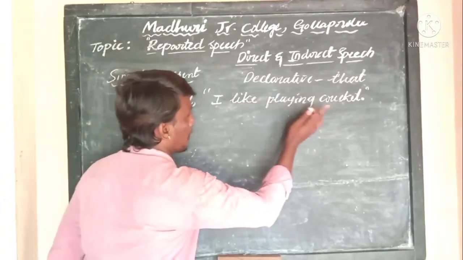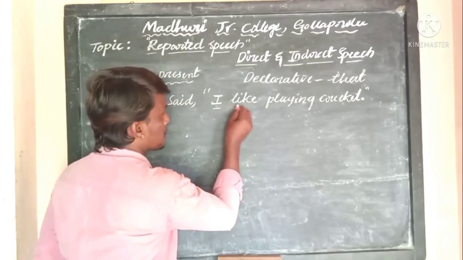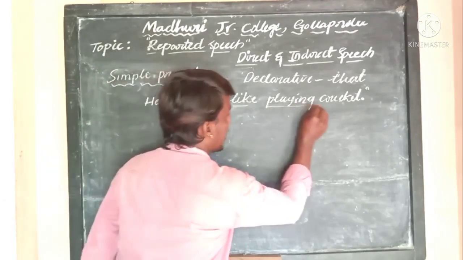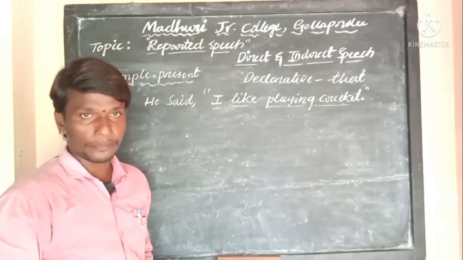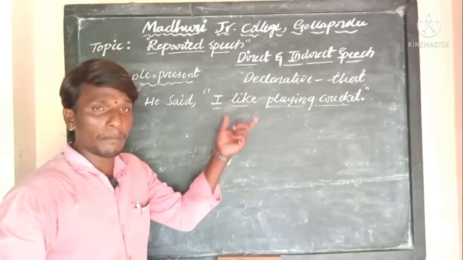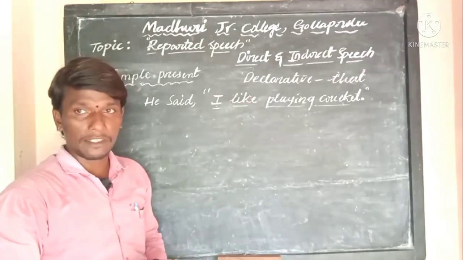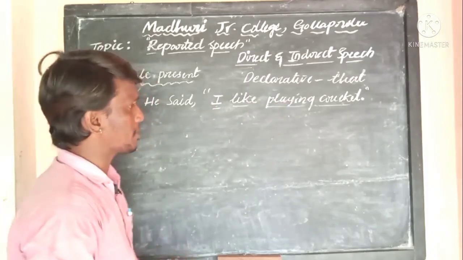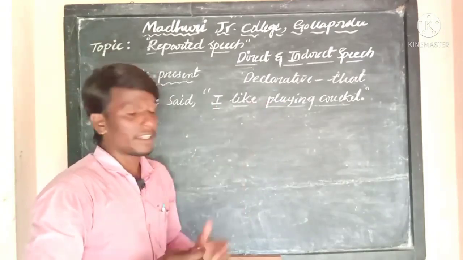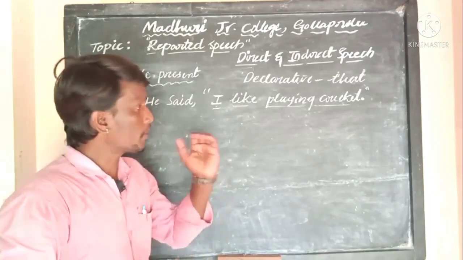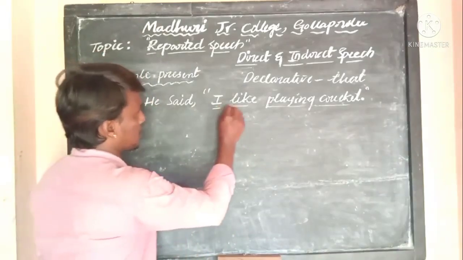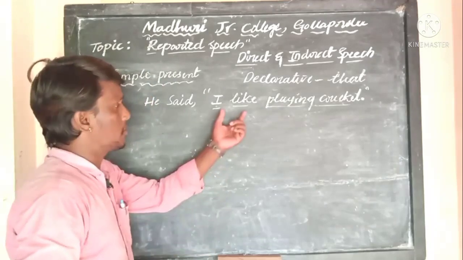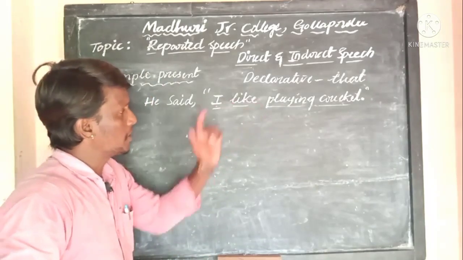I like playing cricket. Here I is a subject, like is a verb, and playing cricket is an object. So this is simply the structure of the simple present tense: subject plus V1 plus object. So it is written in the simple present tense. And the third point is, he said I like playing cricket. He just mentioned that he liked playing cricket.